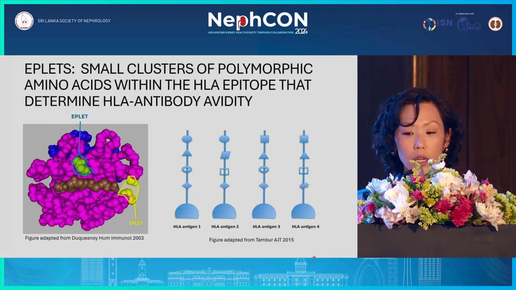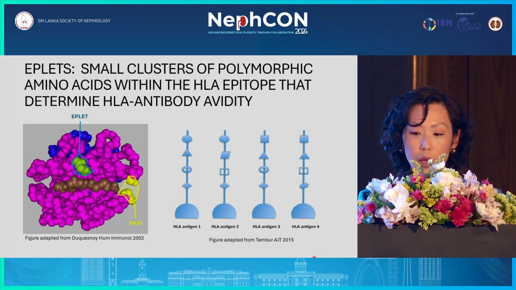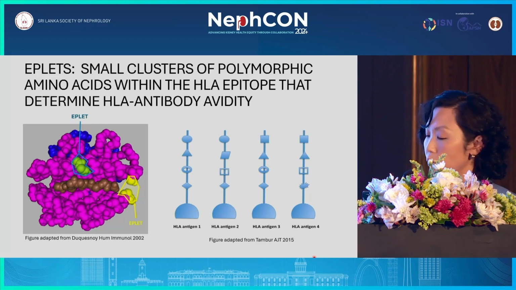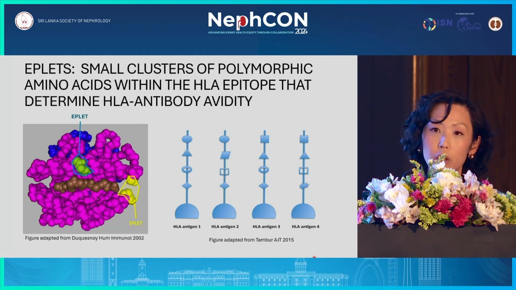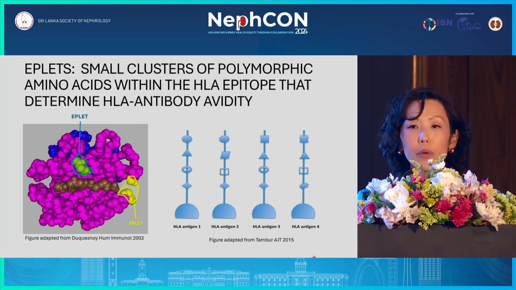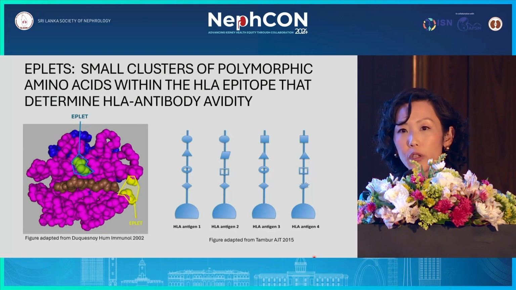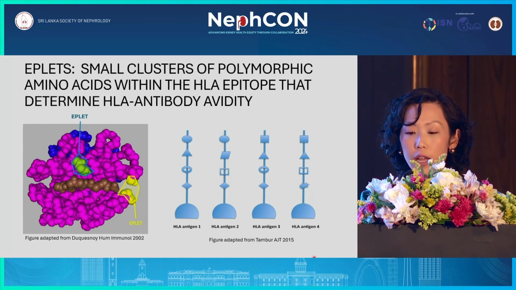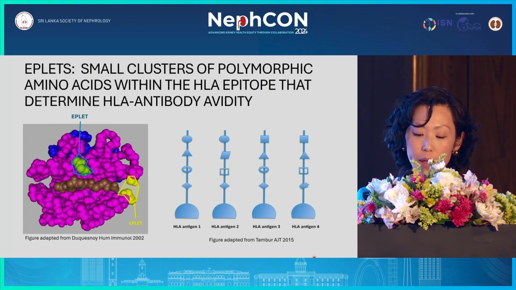Antibodies are not recognizing the whole antigen, but individual eplets. Therefore, an antibody to the square eplet on antigen 4 will recognize the square eplet on antigen 3, even though these antigens may be from different loci. So eplets provide a higher resolution framework for considering HLA mismatch.